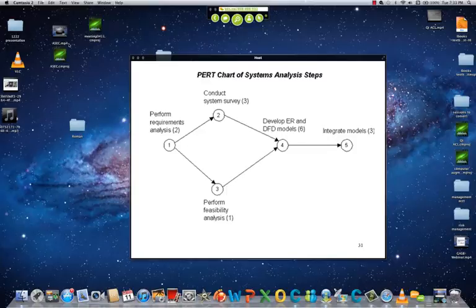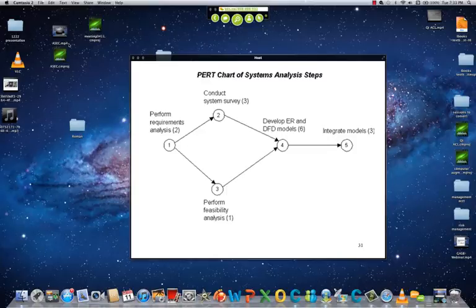This way, you can reduce the system survey time to, say, 2 weeks, and increase the feasibility time to maybe 2 weeks, but the overall duration of your project will be reduced by 1 week.